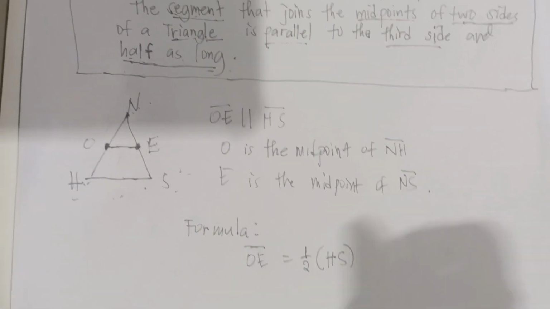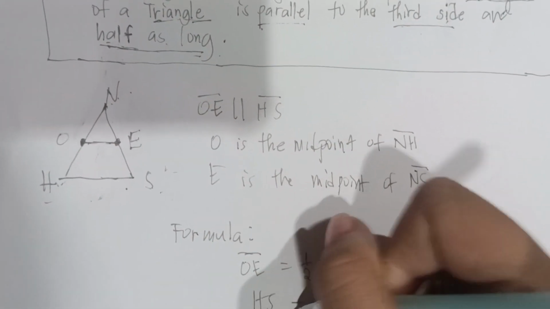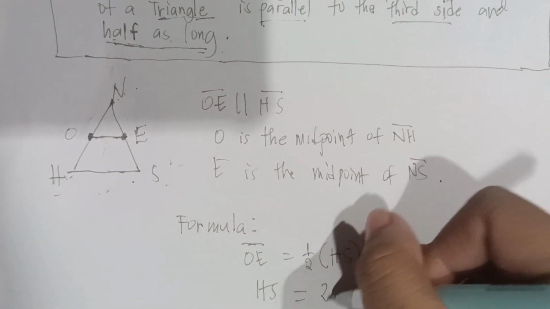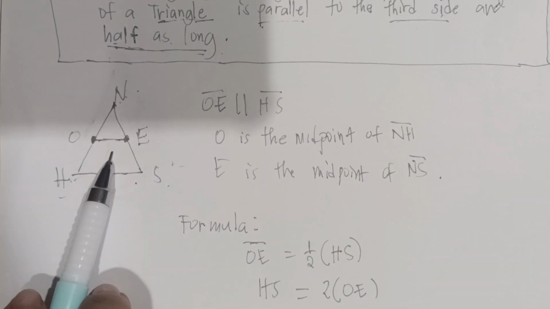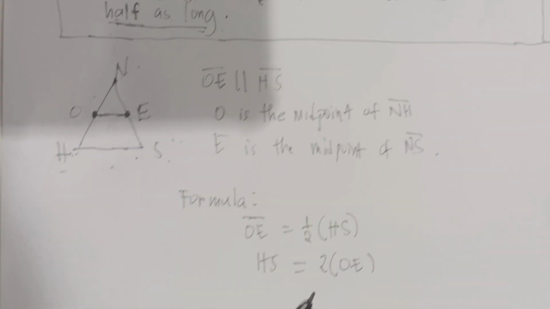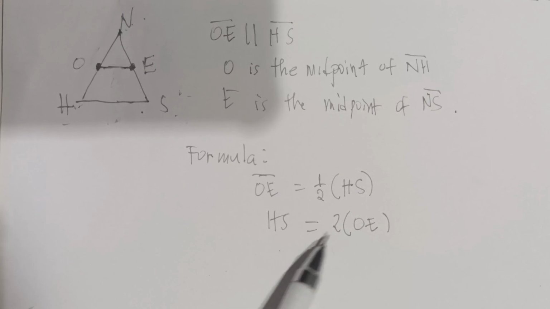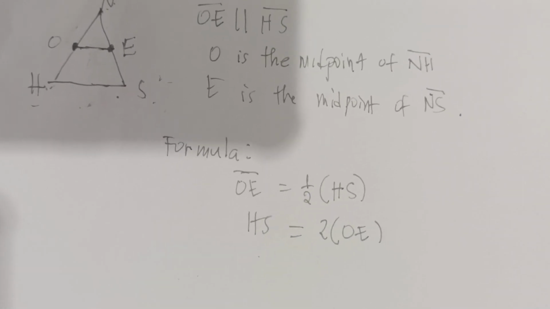And if HS is what we are looking for, that would be just 2 times OA. Whatever the value of OA is, we just double it to find the value of HS. So to find HS, that would be equal to 2 times OA. So these will be our two formulas.